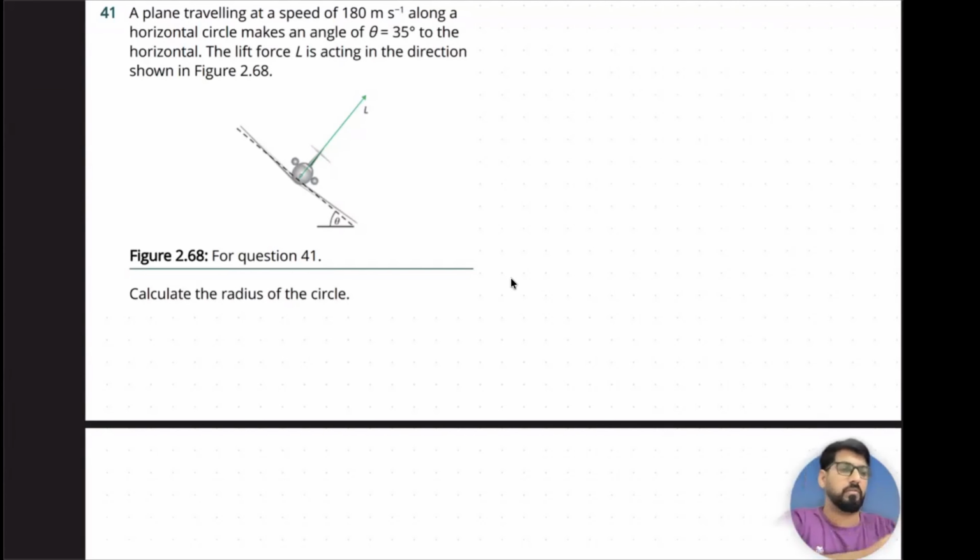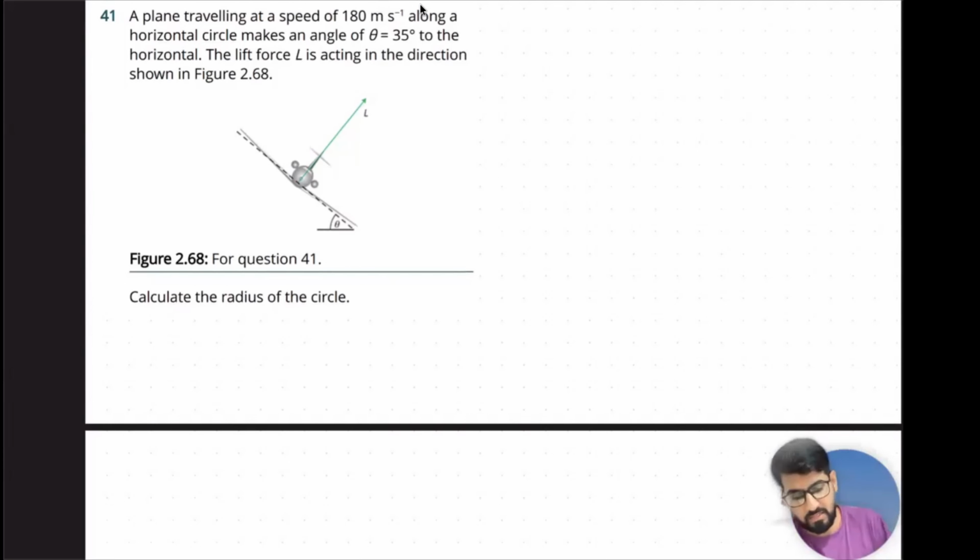Now, what I need to do first is see how the horizontal circle is and what my centripetal force is. Always remember, whenever they ask you about circular motion, the first thing we need to find out is the force that is acting towards the center. So let me draw a diagram that will make our work easy. Let us say this is my circular motion.